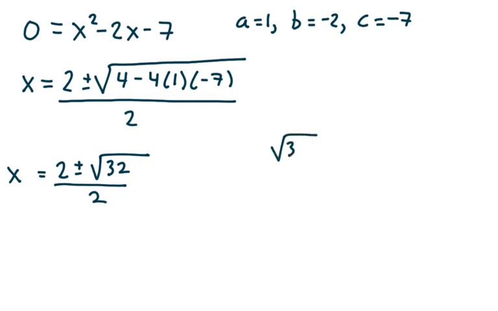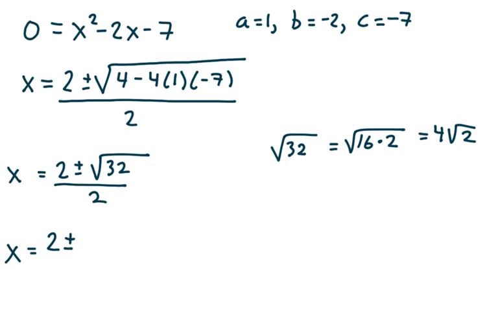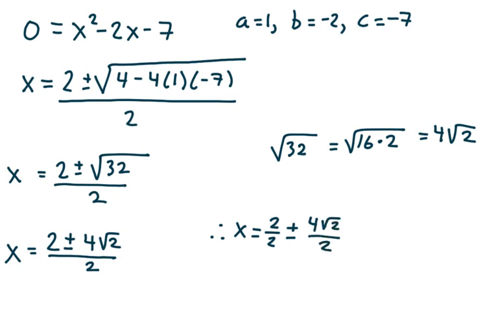But the square root of 32 is equal to the square root of 16 times 2, which is 4 times the square root of 2. So x is 2 plus or minus 4 times the square root of 2 divided by 2. And if I'm your teacher, I would want you to simplify. And so therefore x is 2 over 2 plus or minus 4 square root of 2 divided by 2 if I split the fraction.